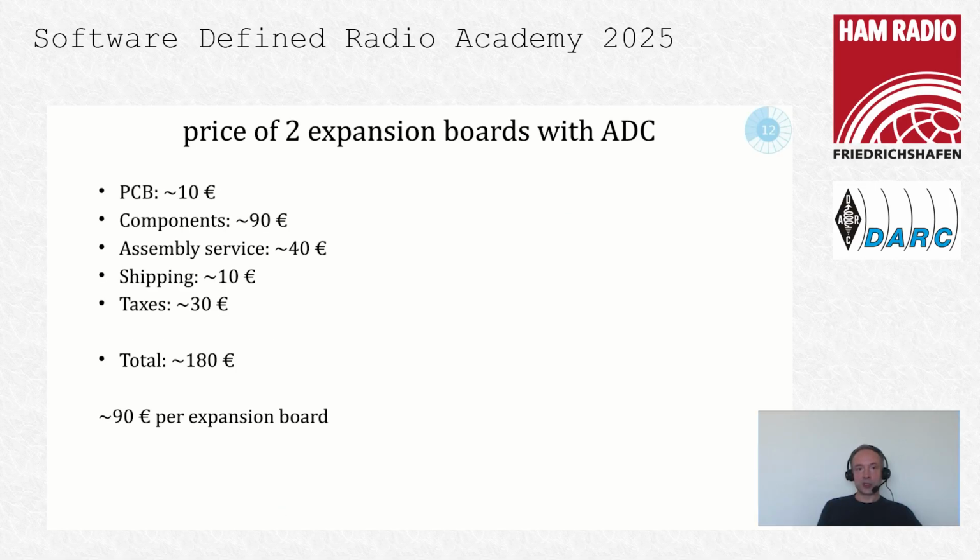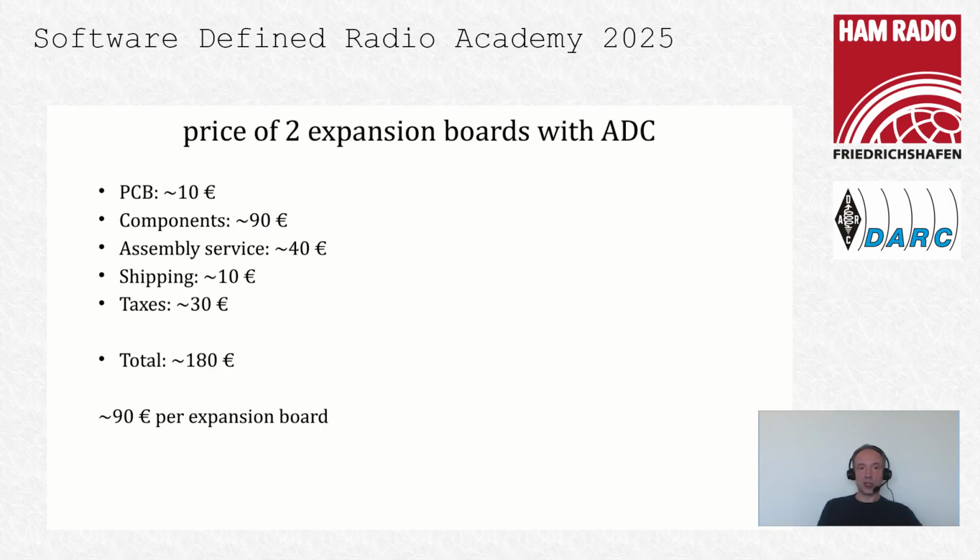When I ordered these expansion boards, I ordered 2 of them, and here is the current price for this kind of order. The total for 2 boards is around 180 euros, making the cost of each expansion board around 90 euros.